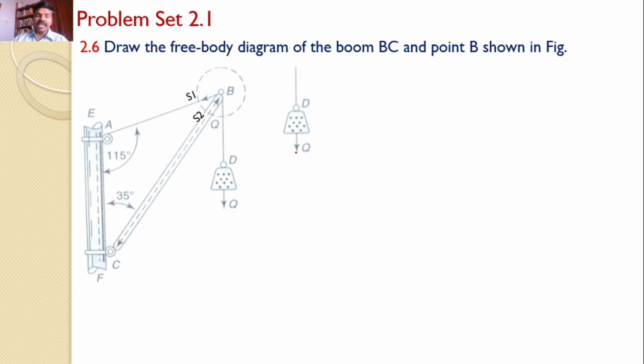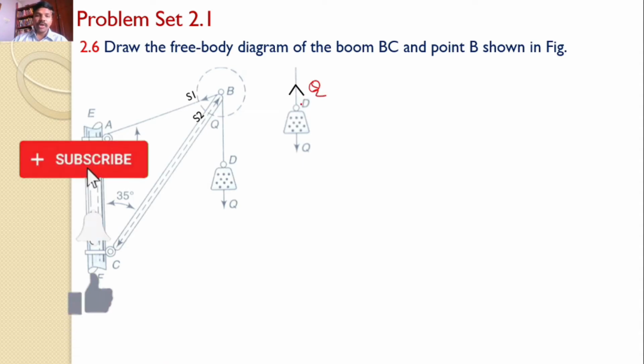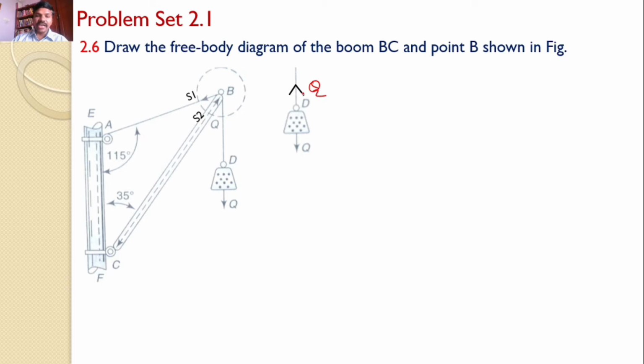Since weight is acting in the downward direction, the force in the string must be upwards and the magnitude is Q, from point D. To satisfy the equilibrium condition, if the force is acting in the upward direction from point D, it must be downwards from point B. Hence, this is the direction of the force in the string BD, and which is away from point B, and the magnitude is Q.